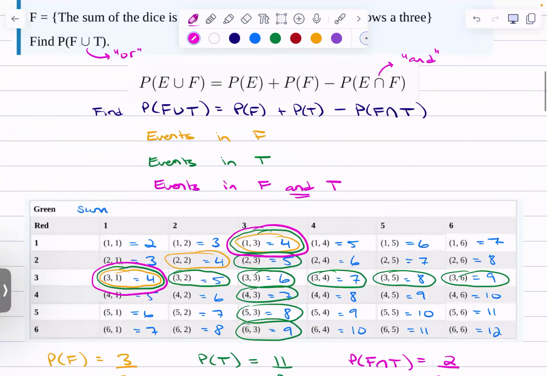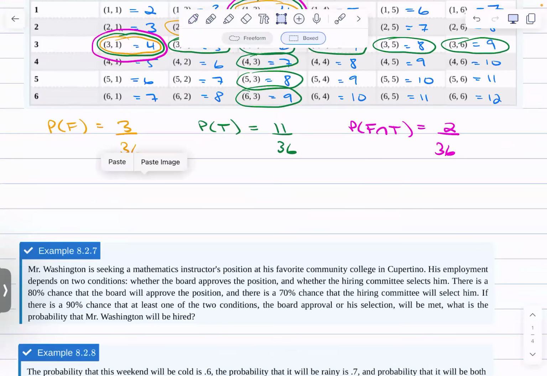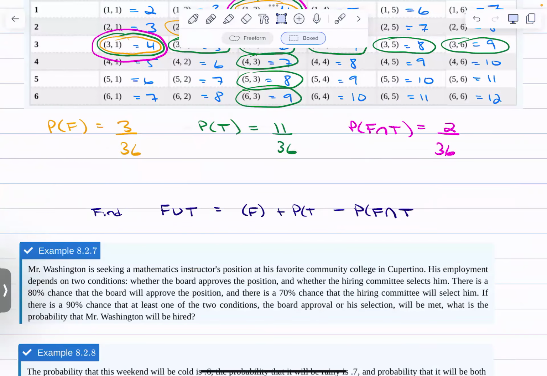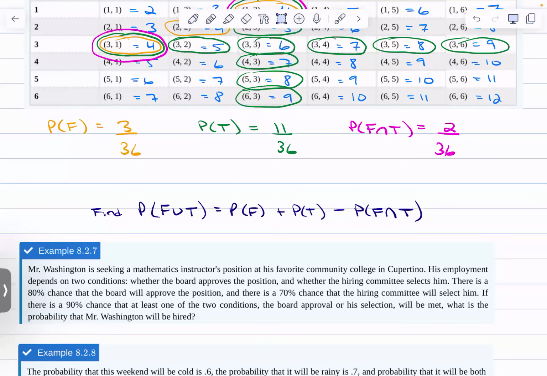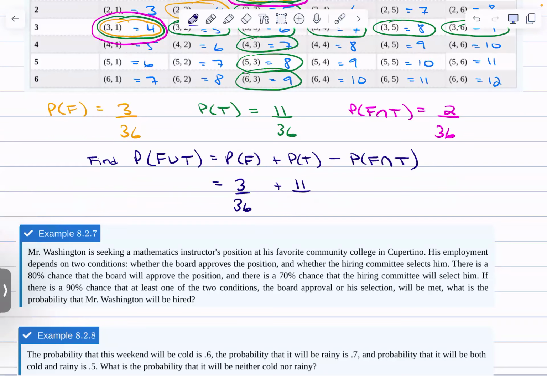Now we can put these together and we can find the probability of F or T. Probability of F is 3 over 36. Probability of T is 11 over 36.